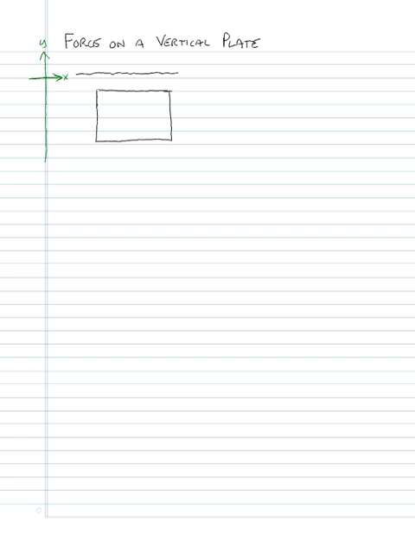We'll say that the value at the bottom of this vertical plate we'll call C. Of course, that's a negative number because it's below the x-axis. And the value where the top of the plate is, we'll call D, and that also is a negative value because it's below the x-axis.